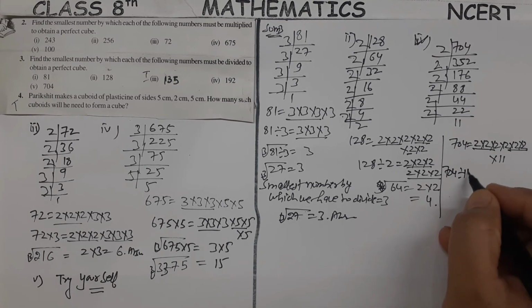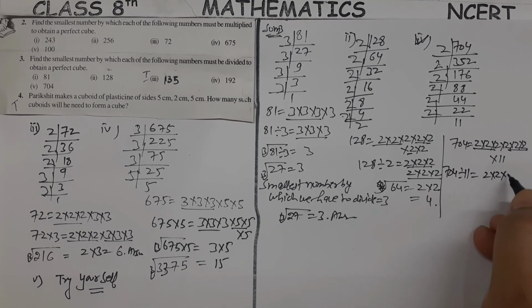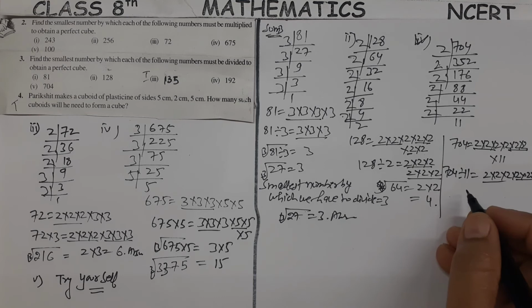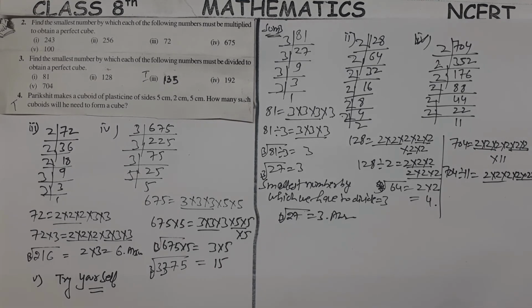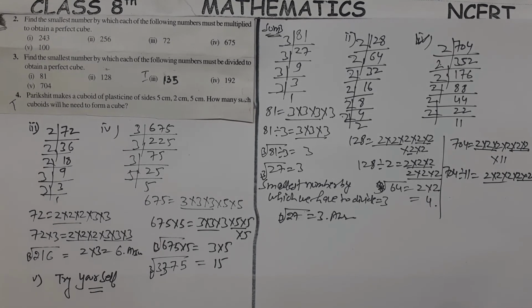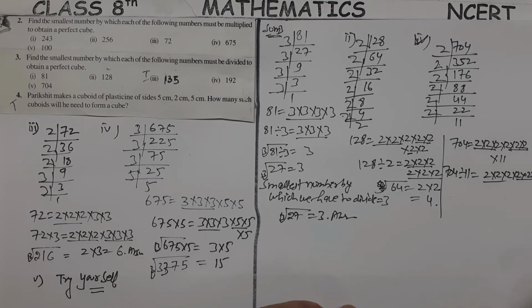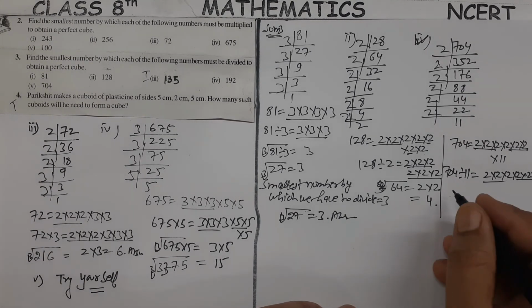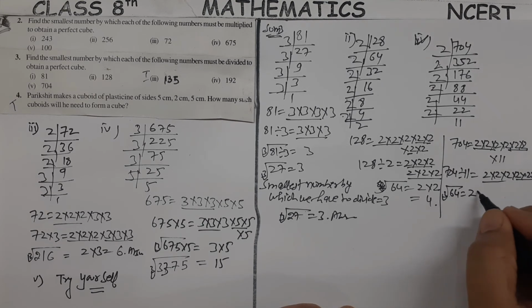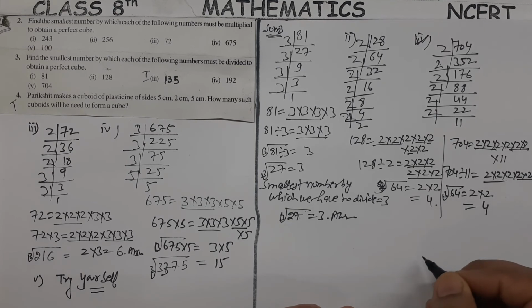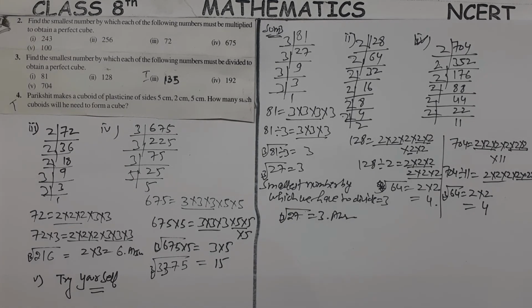Divide both sides by 11. We have 6 times 2. Hence the cube root of 64 is 4. Smallest number by which we have to divide is 11, and the cube root of this number is 4.